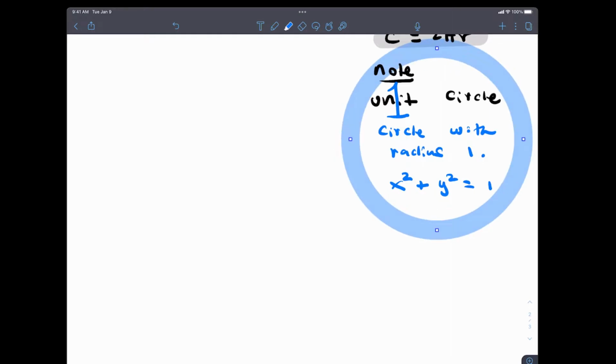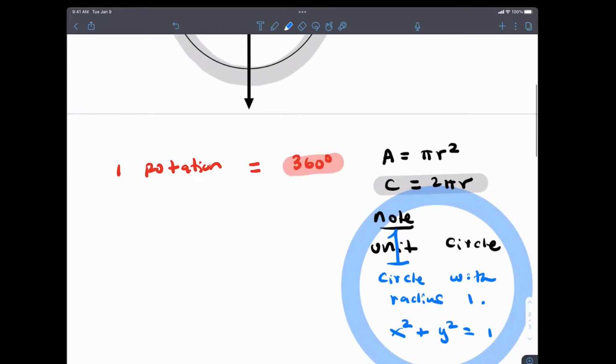But looking at our notes, generally speaking, the equation of a circle is x squared plus y squared equals r squared. And this is centered at the origin, by the way, so we have to give that information, with radius r.